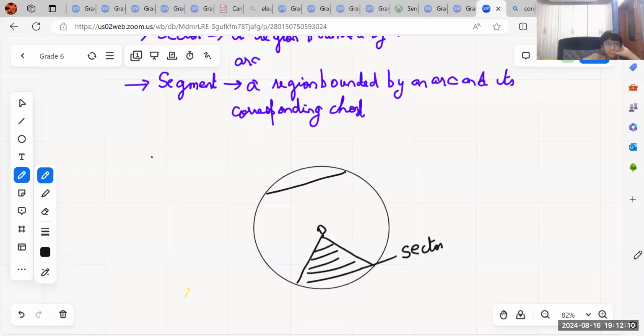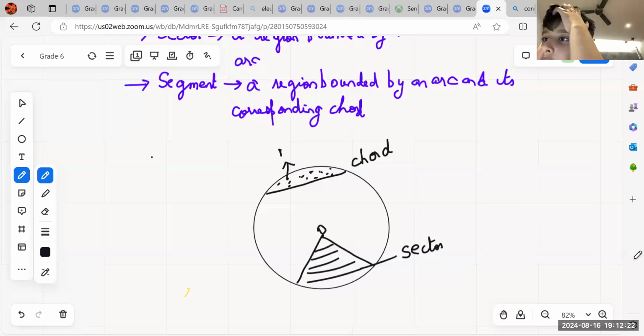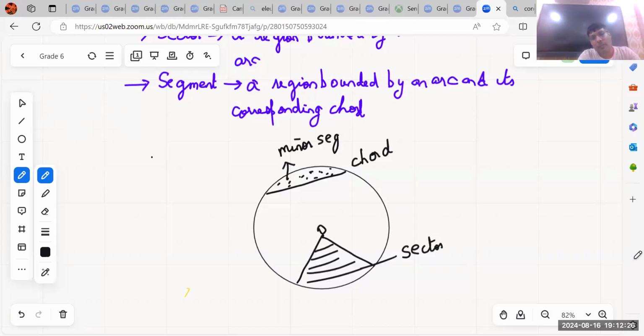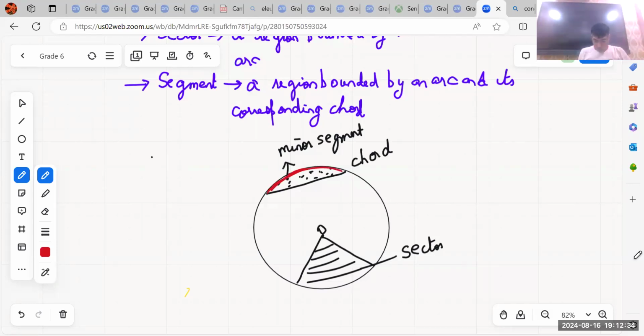Chord. This area is called a segment, a minor segment. What is this called? Arc. We can call it a minor arc also.